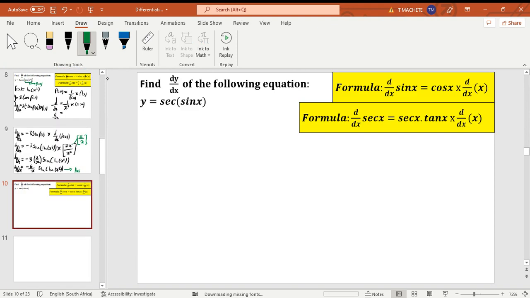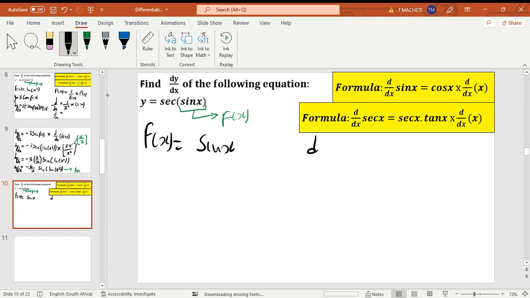Okay, here's our next example. You are required to find dy over dx, where you are given y equals to sec sine x. So you do the same thing that we've been doing on the previous examples. You identify your f of x. So your f of x is sec sine x, so let's write down sine x.